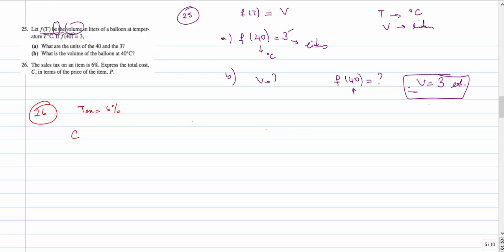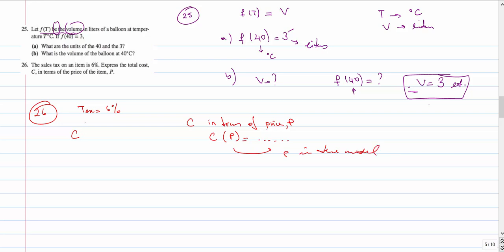So C in terms of the price P. I want to write this as C is a function of price. So whatever I have here will have the variable P in the model that I'm going to create.